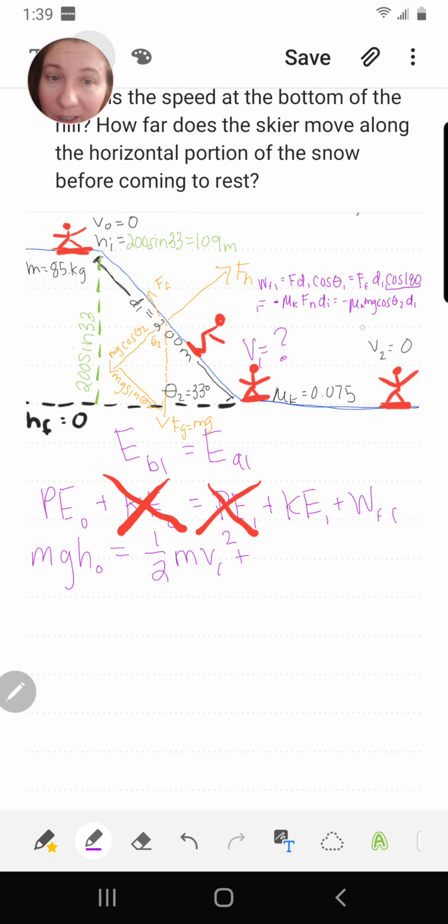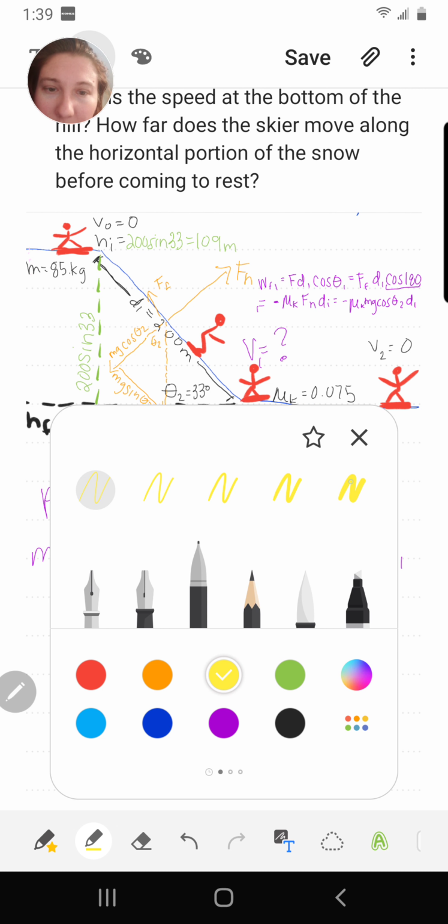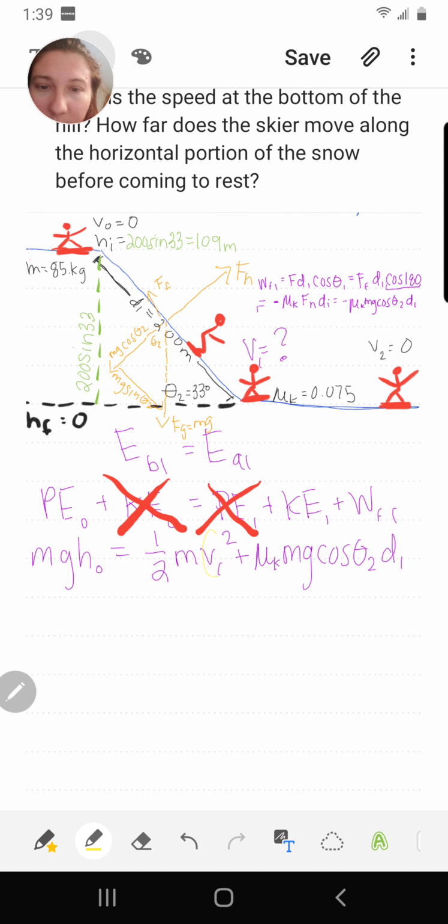Now we get rid of the negative because gravity is considered negative, so we just make that positive. So we've got mu k times mass times gravity times the cosine of the second angle, or theta 2, times the distance 1. Okay, so what are we looking for? We are looking for this guy right here.